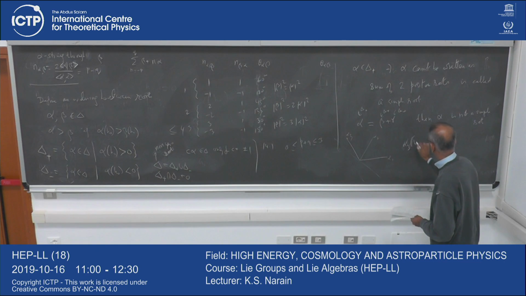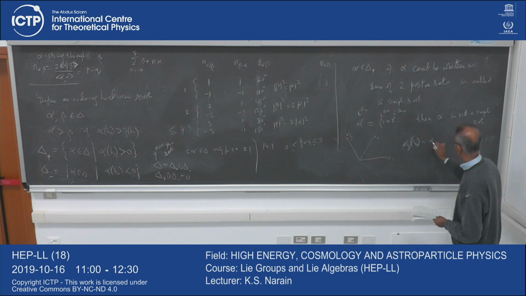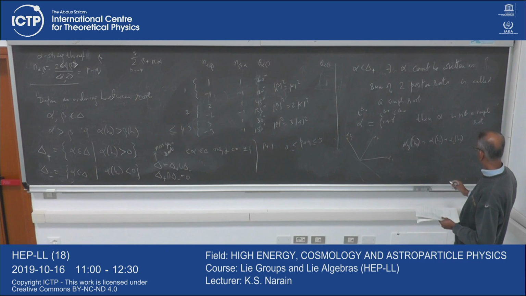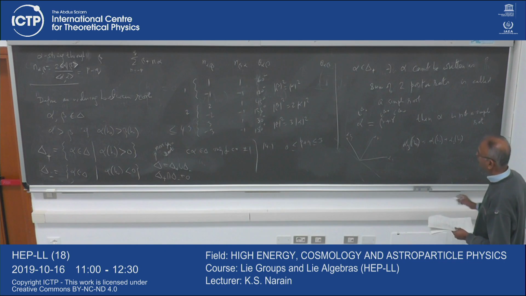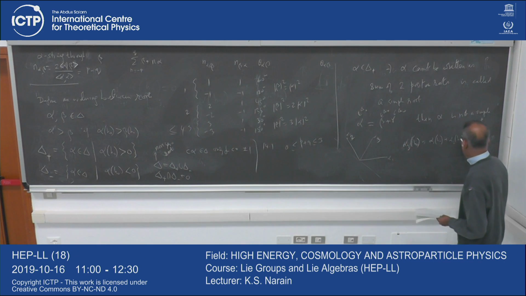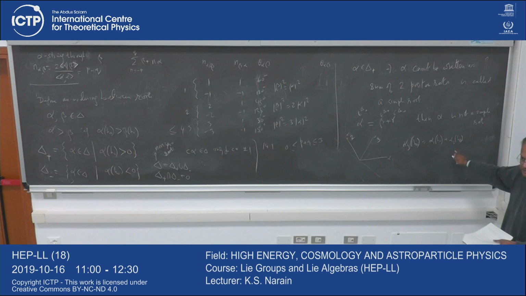Alpha 3 of H0 is alpha 1 of H0 plus alpha 2 of H0. In the diagram, alpha 2 and alpha 3 are switched. Right, alpha 2, alpha 3, correct. This is just linearity. But each of them is positive, right? So alpha 3 of H0 is bigger than alpha 1 of H0 and alpha 2 of H0.